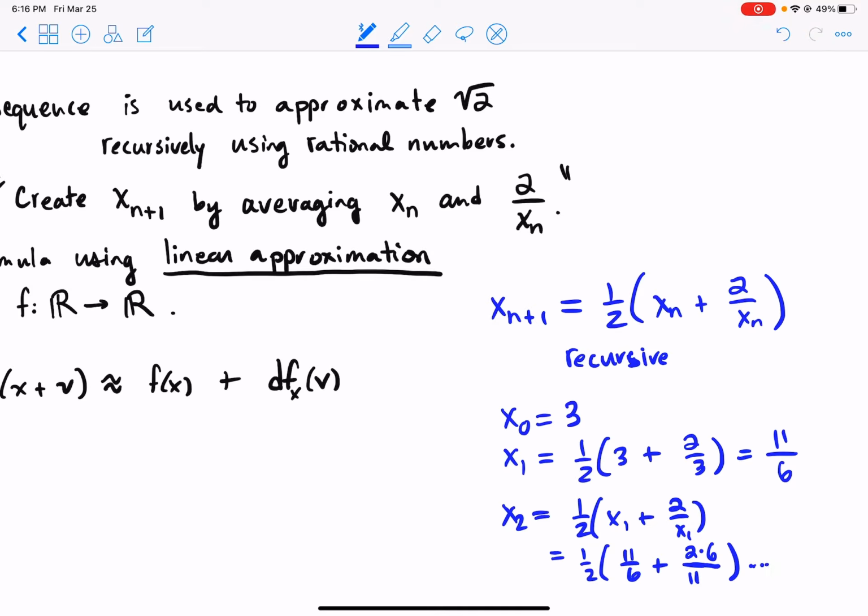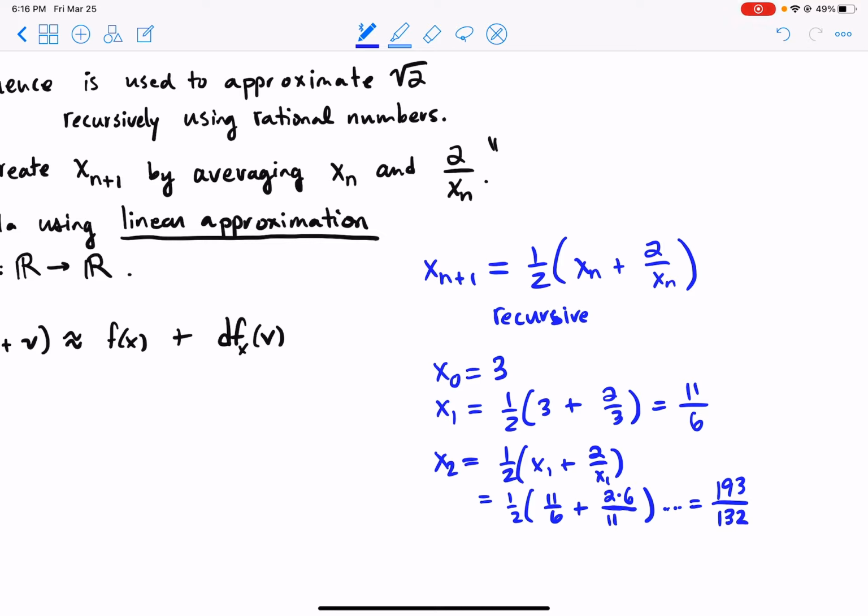You have to work this out, and it turns out that is equal to 193 over 132, which, notice that if I started with a rational number, like 3, which is 3 over 1, then I get 11/6, and I get this number, which is also a rational number.